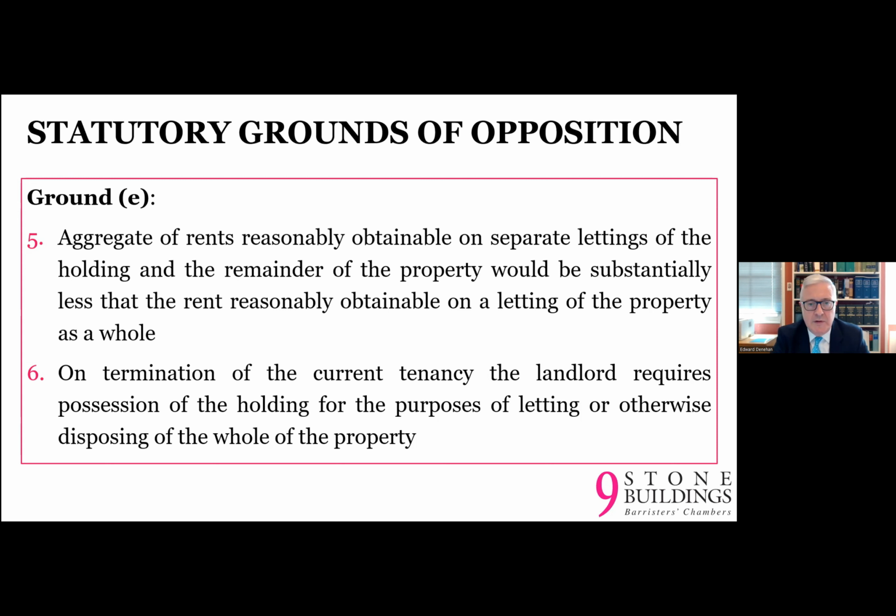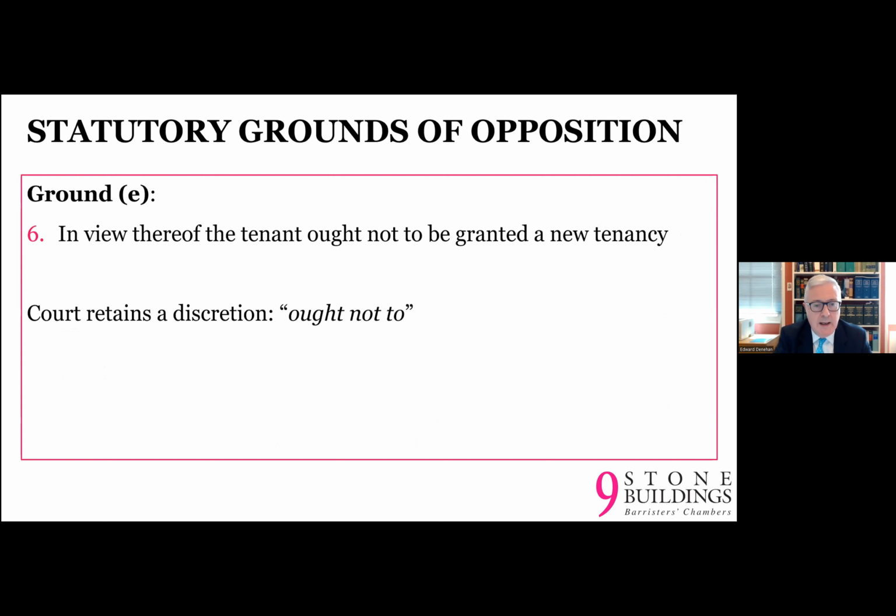The Section 44 superior landlord must say, well, if I get this back, I'm actually going to let it and get those higher rents, or I'm otherwise going to dispose of the property by myself, selling that person's interest, the freehold, for example. So one can see there that the ground is very rarely going to be available to the Section 44 landlord.